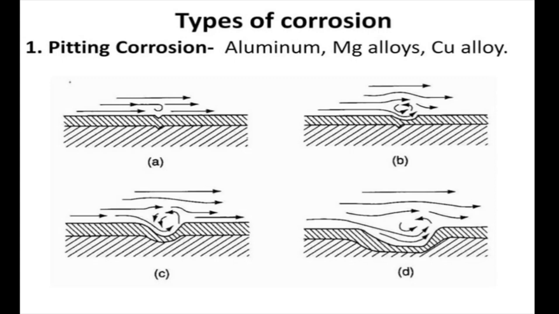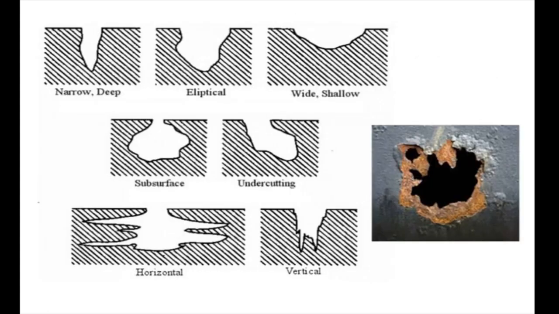As time passes, the affected region keeps increasing. The particular shapes of this type of corrosion are narrow and deep, elliptical, wide and shallow, subsurface, undercutting, horizontal and vertical. These are the different types of pitting corrosion that are observed.